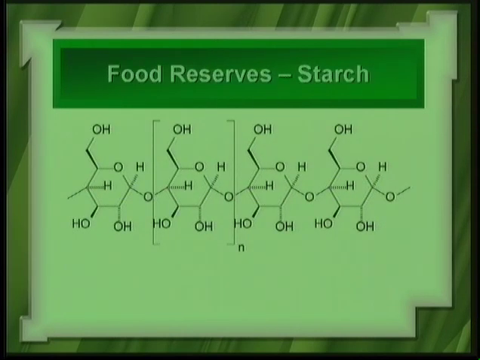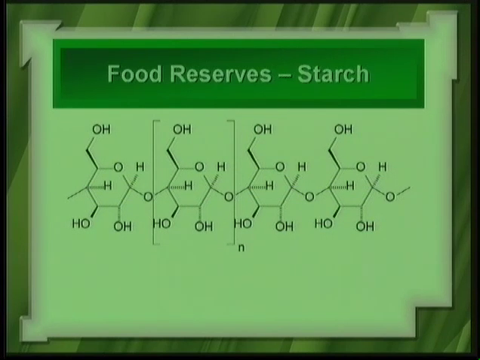So for one thing, many plants have food reserves for themselves to protect them against bad times, in the form of starch. And as you recall, I think we've been through this maybe three times, one of the components of starch is a substance called amylose. Amylose is a polymer of glucose.